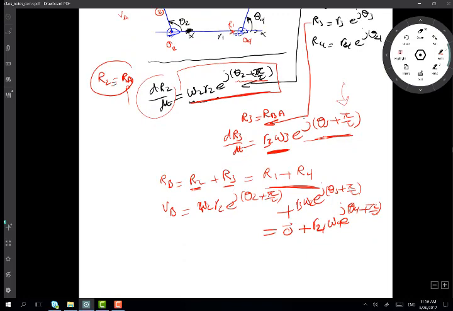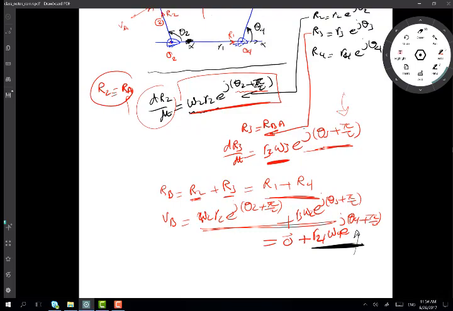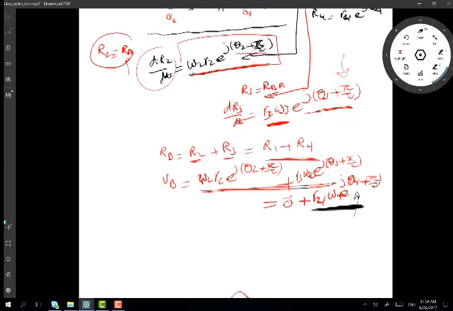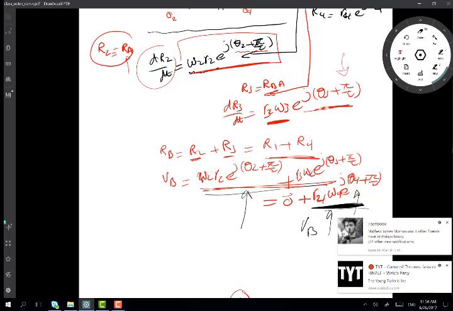So VB can be obtained by adding those two vectors together, or just R4 omega 4 times e to the j (theta 4 plus pi over 2), which tells me straight away the velocity of B. I get it by the sum as well, but it is easier to get it from this derivative, right?